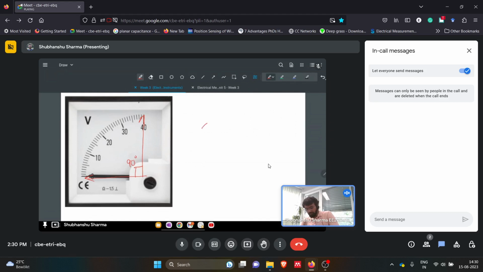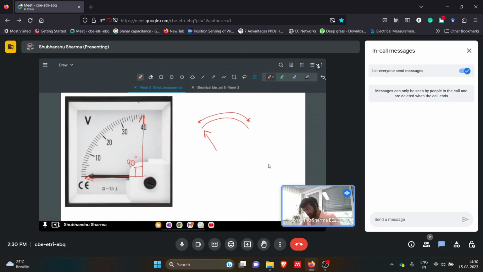You can also see some instruments which have a particular angle, not specifically 90 degrees. So variations are there in analog meters, in voltmeters as well as ammeters, wattmeters and other types of meters also.